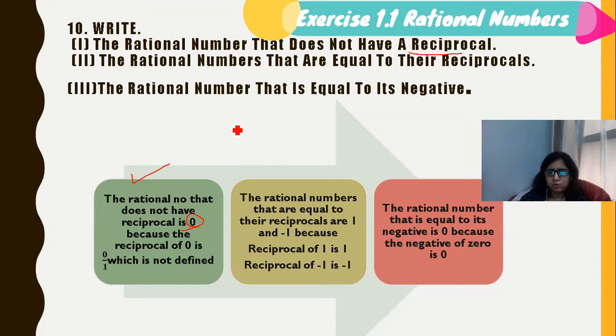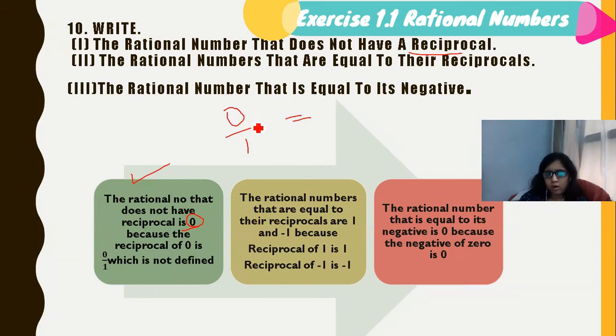And if you find the reciprocal of 0, suppose I write 0 like this, 0 upon 1, and you know that in order to find the reciprocal or multiplicative inverse of a number, we have to change the numerator value to the denominator and the denominator value to the numerator.